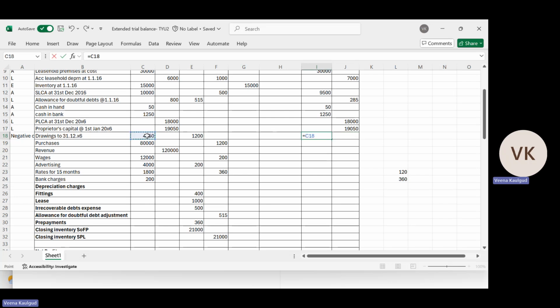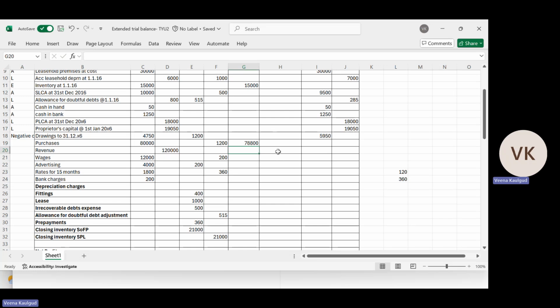So 4,750 plus 1,200 gets added. Purchases figure, it's a profit and loss figure, originally a debit, minus, and you all remember that the drawings has been taken. So purchases is a minus, so equals 80,000 minus the purchases. So it goes down.